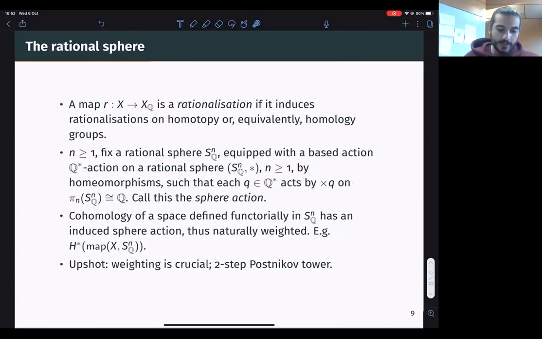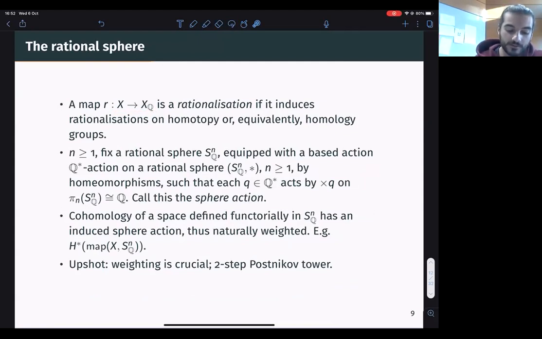Now, I want to speak about the rational sphere. For any topological space, particularly if it is simply connected, we can have a rationalization, a map to another topological space that induces rationalizations on homotopy groups, or equivalently homology groups. There are different models that you can pick for this.